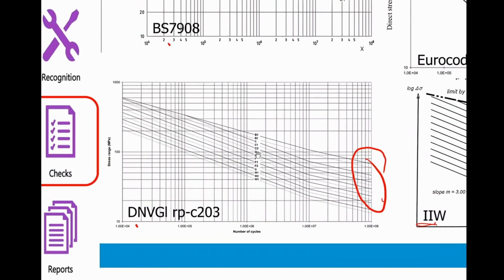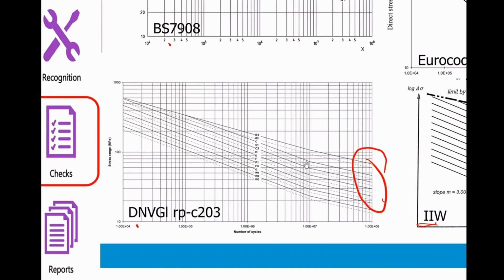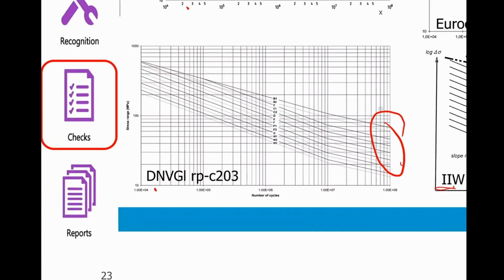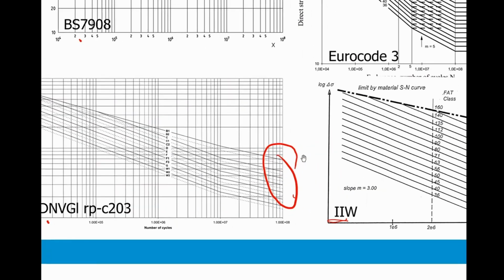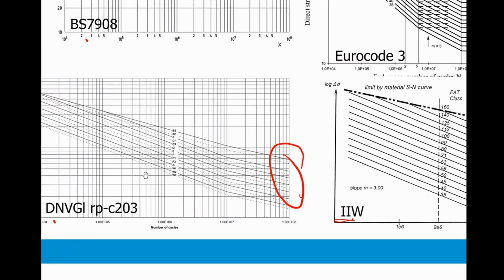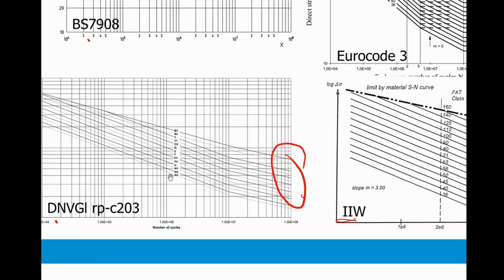In the DNV, of course, I always say that DNV does things different just because they want to be different. They do not use these fat classes with these numbers, but they have classifications. They have B1, B2, C, C1, C2, and so on.